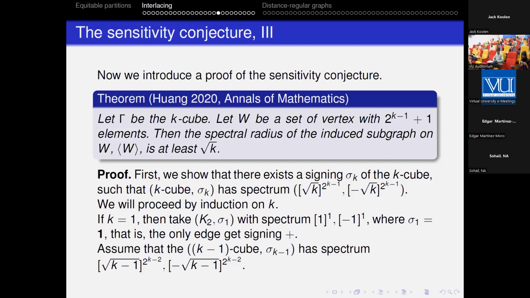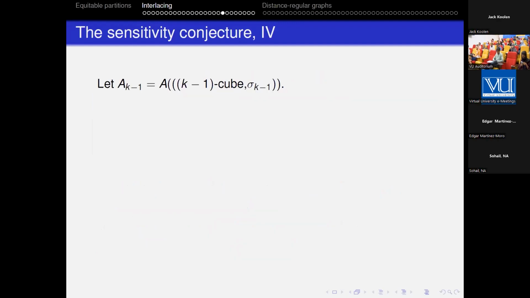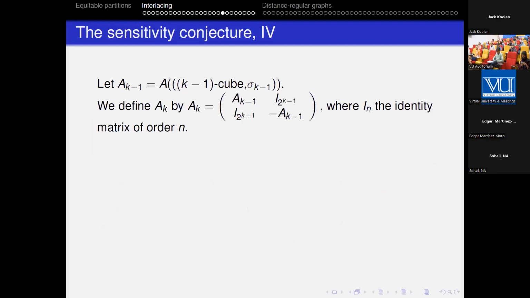So now we assume that we have a signing of the (k-1)-cube with the right spectrum, the spectrum we want. Let A_{k-1} be that adjacency matrix.